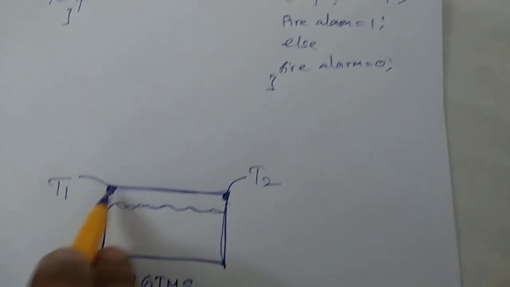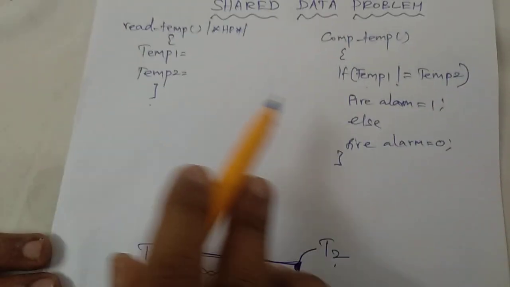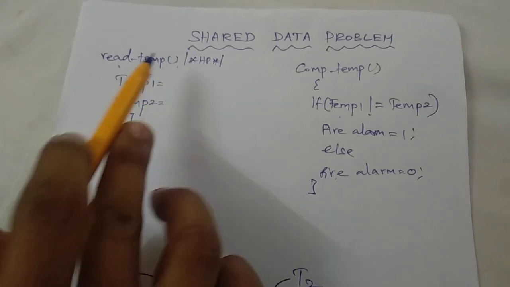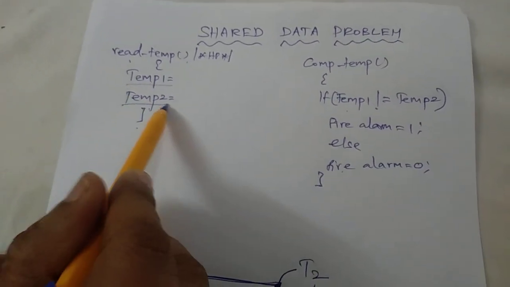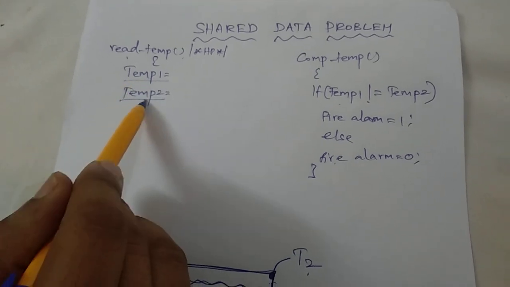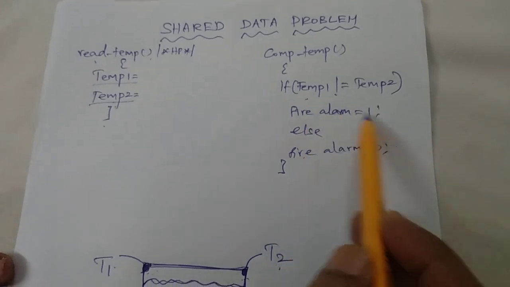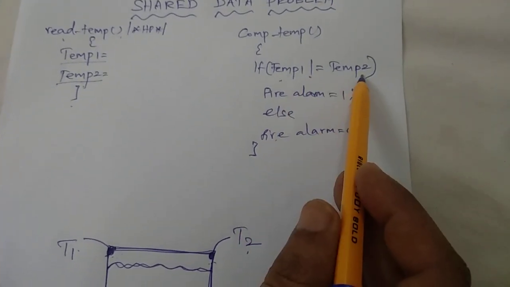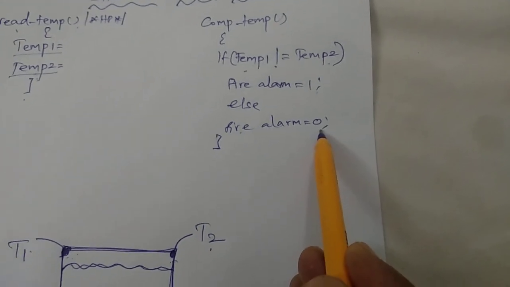In the underground tank monitoring system with two temperature sensors, the read temperature function reads the temperature using the common variables temp1 and temp2. The same temp1 and temp2 are used in the compare temperature function, where the two temperatures are compared, and when they are not equal, the fire alarm is set, else it becomes 0.